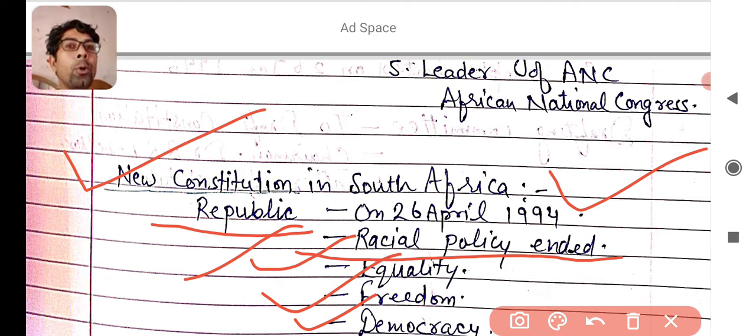And to solve such types of conflicts, to give equality to the people, to give freedom to the people, we need constitution. I hope you learned now why we need constitution. Now let's move toward the making of the Indian constitution.